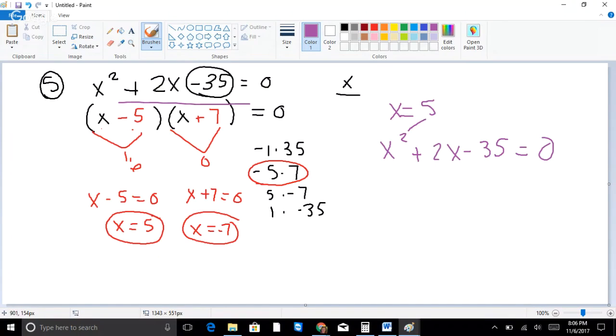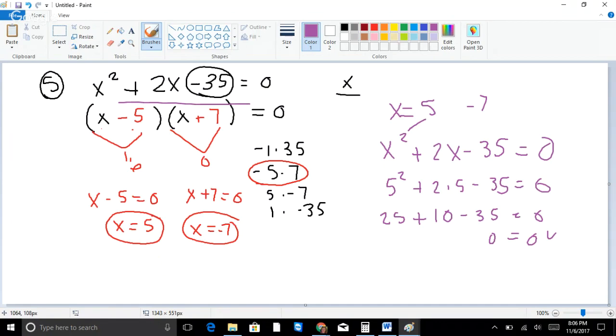So I plug in, I get 5 squared plus 2 times 5 minus 35. This is 25 plus 10 minus 35, and voila, we get 0 equals 0. So that's the actual solution, right? If you plug in negative 7, that's going to work out the same way.